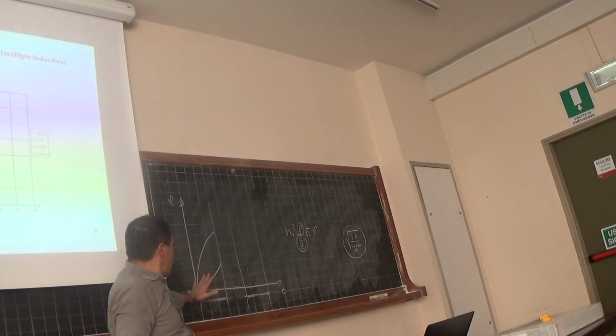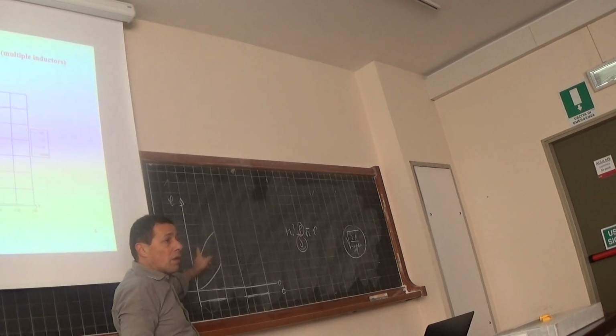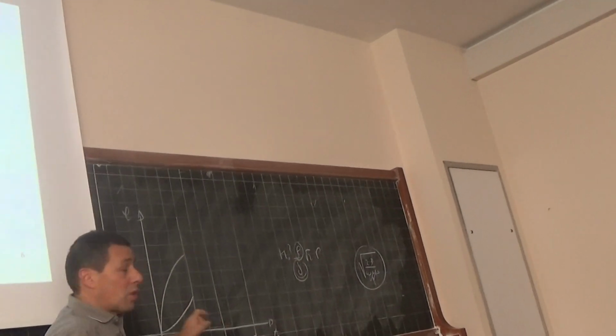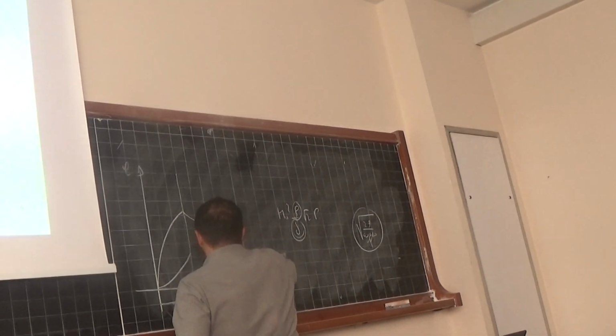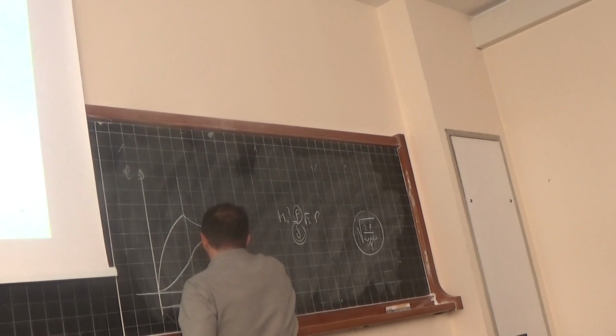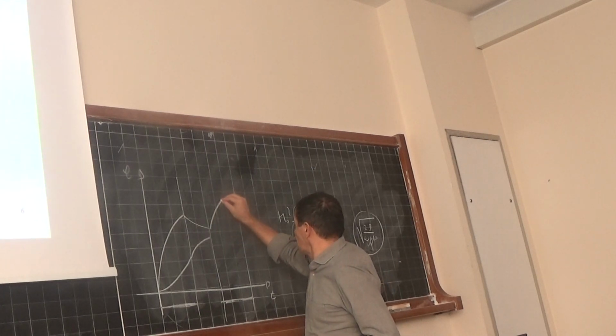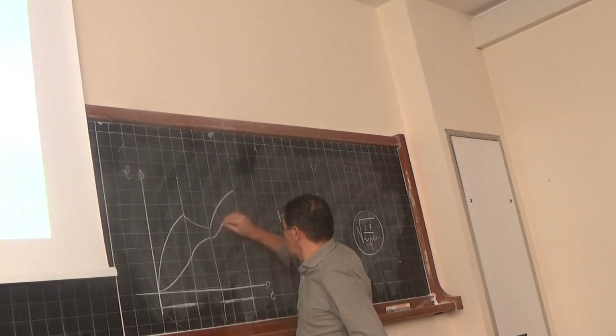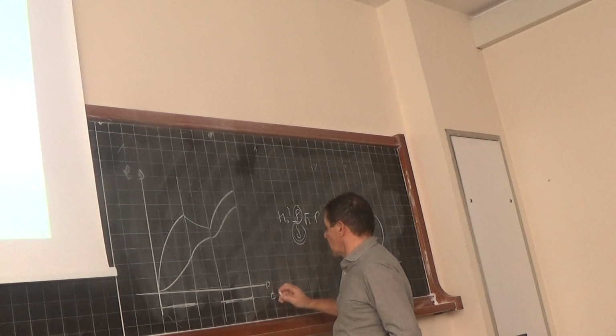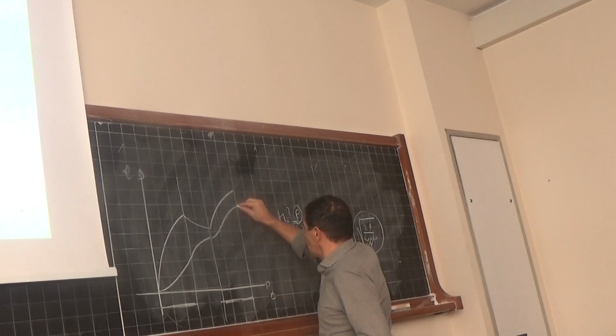Okay? We have a temperature increase both of the surface and the core. Then, we have no power. It means that there is a sort of equalization. And then we have the second inductor, and then an equalization again.